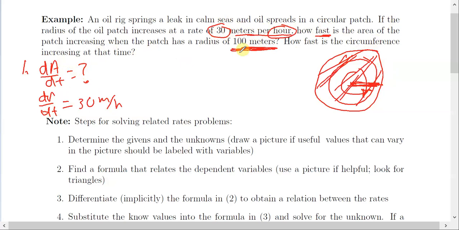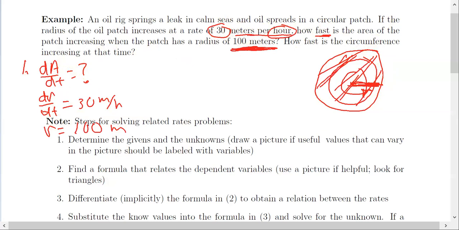And I'm given this 100 meters, and that's a specific value of the radius. So this thing is increasing, and then I'm going to take a snapshot when R is 100. That's why I don't put 100 here yet, because this is a dynamic figure. It's moving as I go through. And so the other known, I'm going to put it here, is R equals 100 meters.